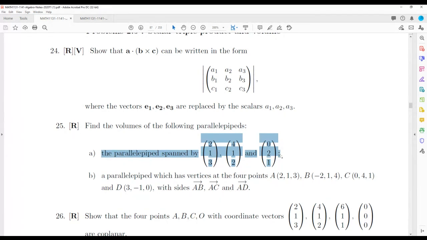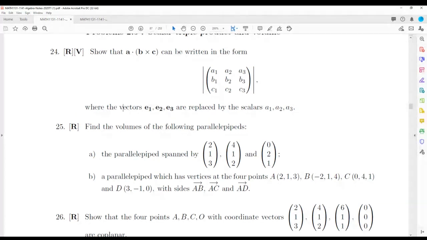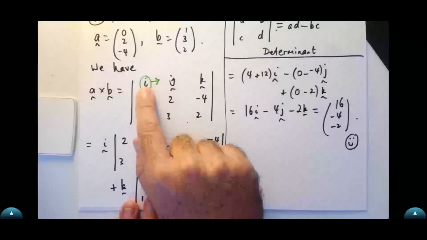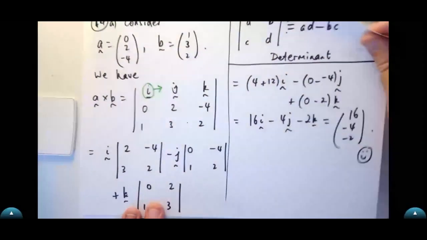So let's do this problem. We can talk about the scalar triple product. Now, the scalar triple product looks a bit like the cross product, but there's just something else in there that we have to think about. Okay, so instead of having I, J's, K's there, we have something else. All right, so let's have a look at 25.